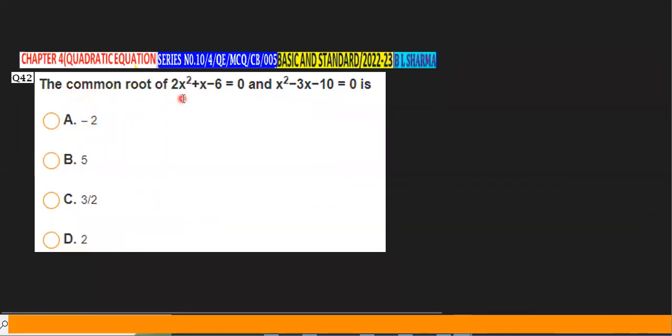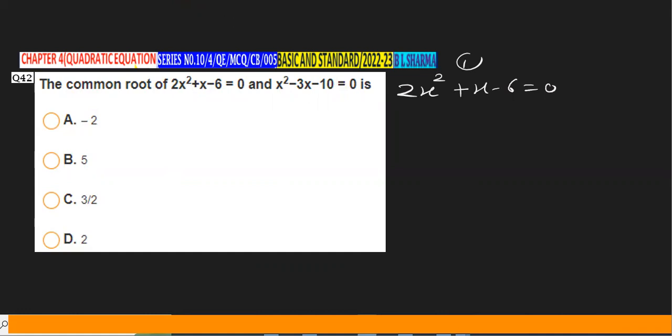The common root of 2x square plus x minus 6 is equal to 0 and x square minus 3x minus 10 is equal to 0 will be. Common root find out करना है हमें. देखिए, first for 2x square plus x minus 6 is equal to 0.